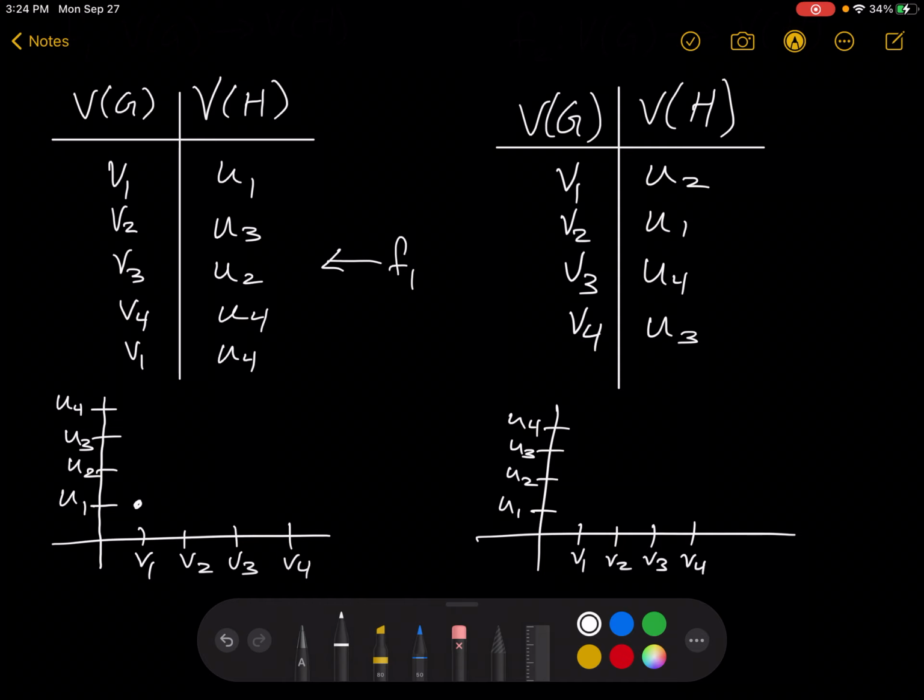V2 goes to U3, so we have that point. V3 goes to U2, and V4 goes to U4. And V1 goes to U4, so we have that point. Now you can see that F1 does not pass the vertical line test. So that tells us that F1 is not a function.